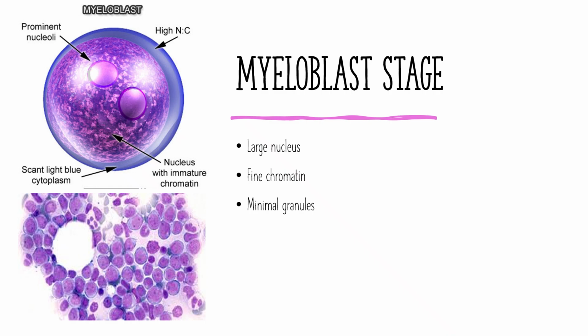Notice the defining features: large nucleus, fine delicate chromatin, prominent nucleoli, very high nuclear to cytoplasmic ratio, and minimal or absent granules. That open chromatin appearance tells us the DNA is transcriptionally active. The cell is rapidly producing proteins needed for future development.